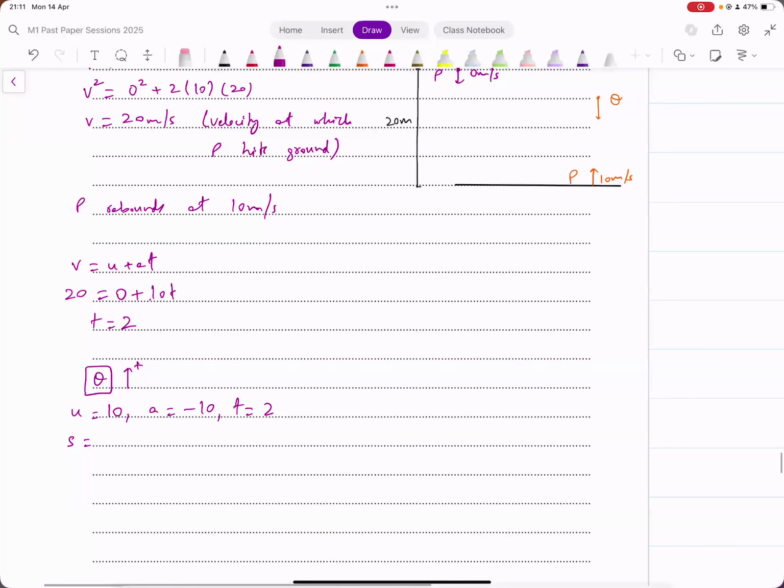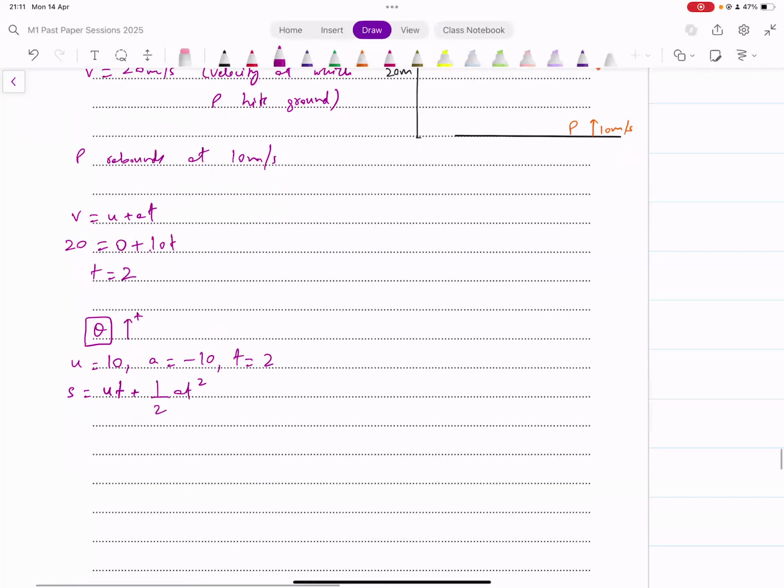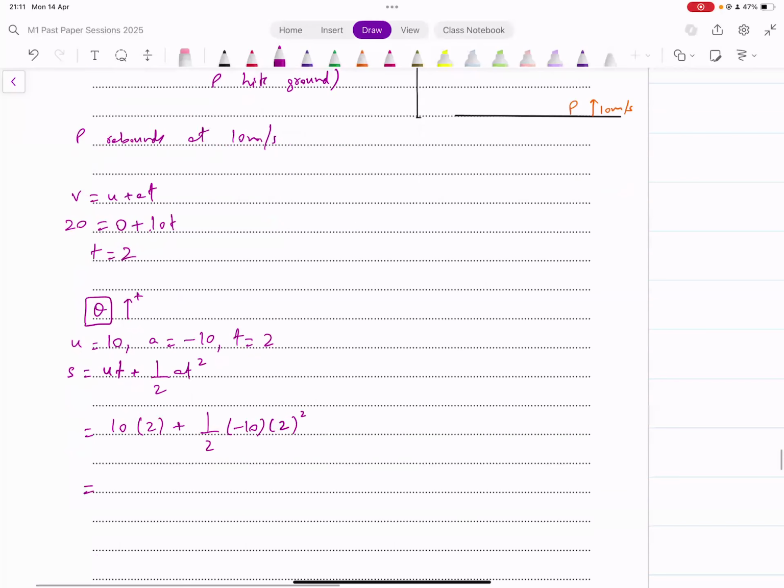UT plus half AT square. U is 10 into time, that is 2, plus 1 over 2 into minus 10 into 2 squared. What do we get from this? 20 minus 5 into 4, is that 0? Is that turning out to be 0?